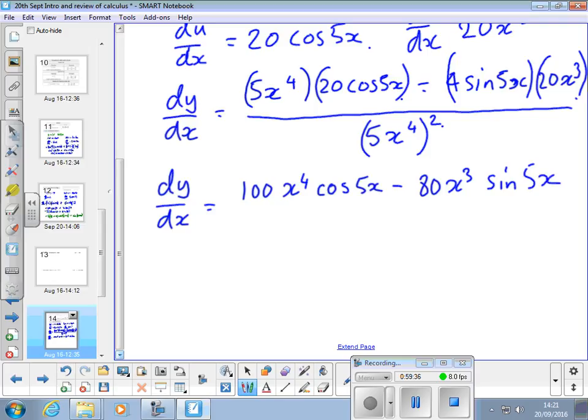Can we simplify 5x to the 4 all squared? No. 5x to the 8, yeah. Laws of indices say raised to a power or raised to another power, we multiply the indices, 5x to the 8.